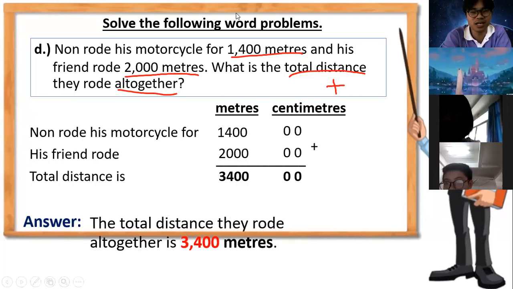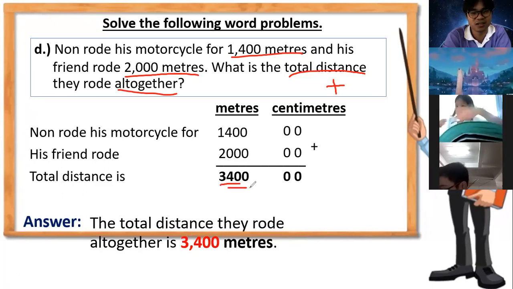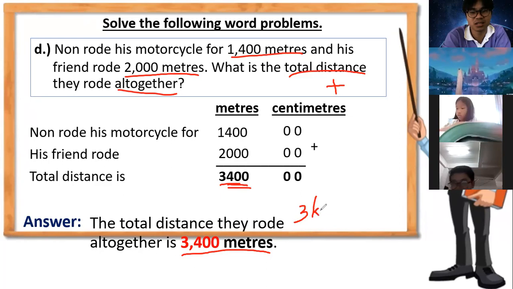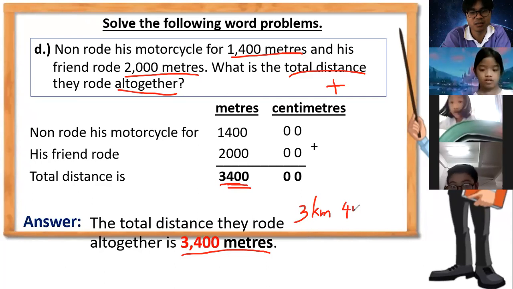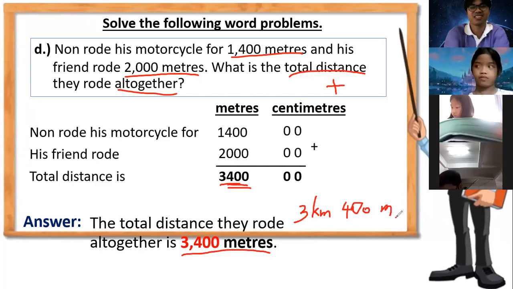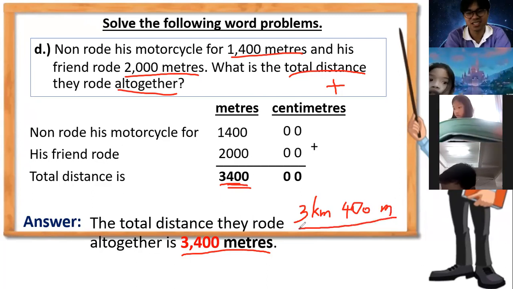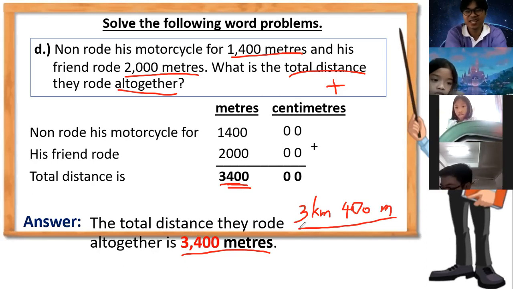Okay, so the total distance they rode altogether is 3,400 meters, or 3 kilometers and 400 meters. That is 3 kilometers and 400 meters. 3,400 meters. Okay.